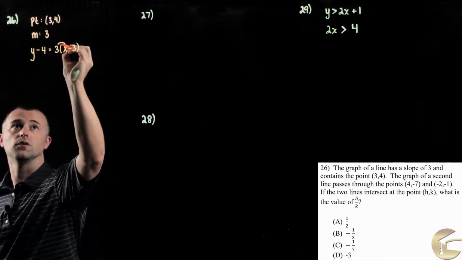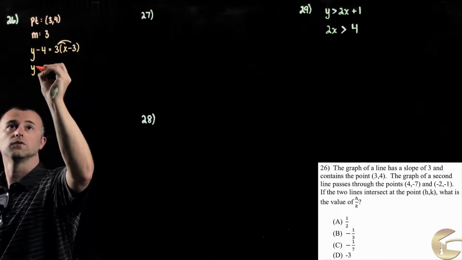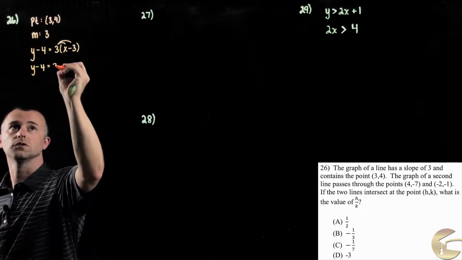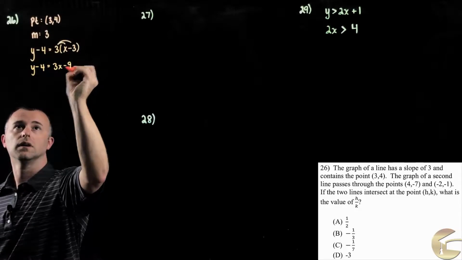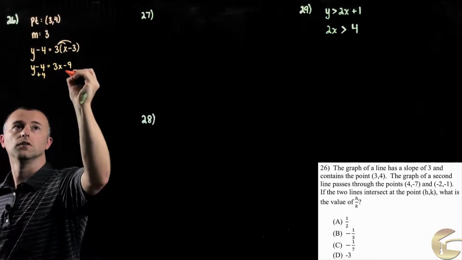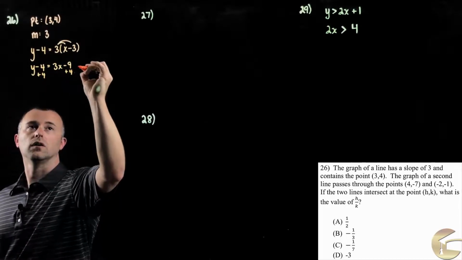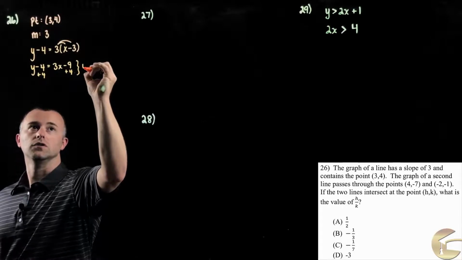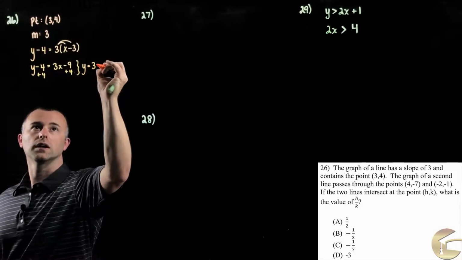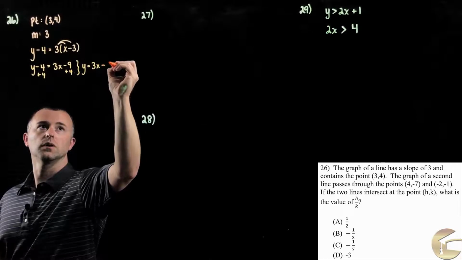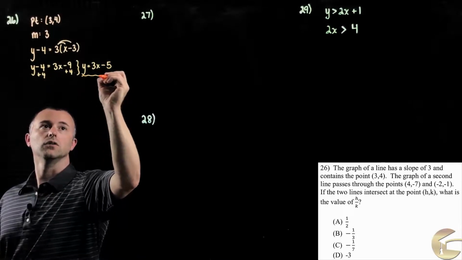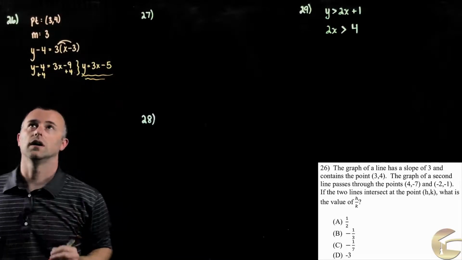So I'm going to distribute the 3, so I get y minus 4 equals 3x minus 9, and then when you add 4 to both sides, we get our final equation, which is y equals 3x, negative 9 plus 4 is going to be minus 5. So there's your first equation, and then we can keep going.